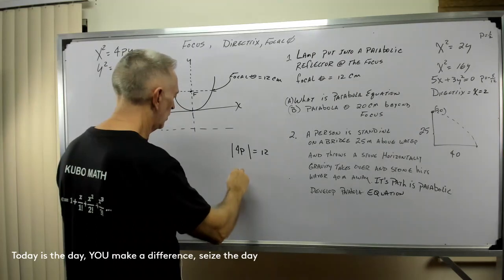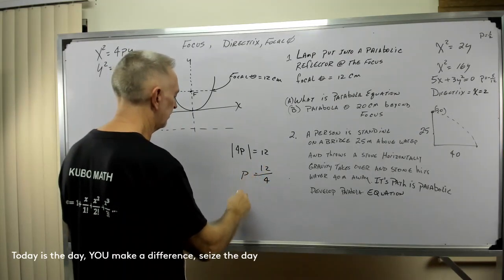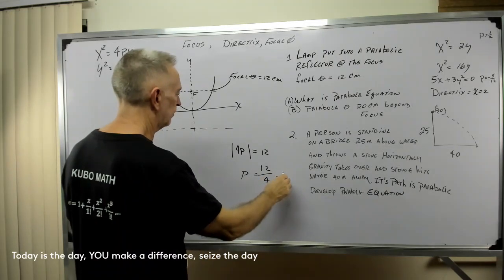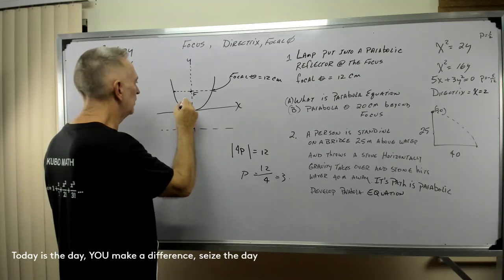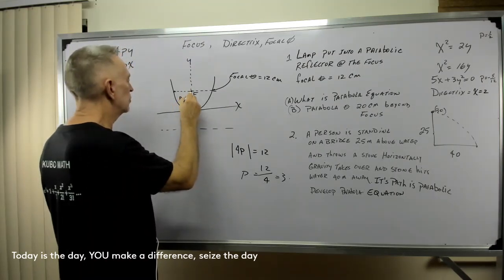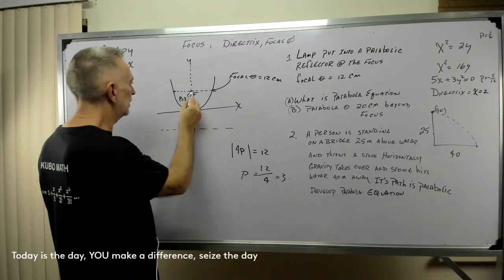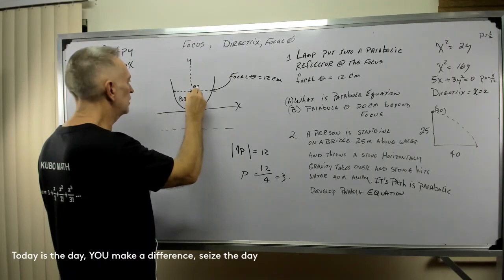So 12 over 4 equals p. 12 divided by 4 is 3, so I know that p is 3. That means the focus is at the point where x is 0, y is 3.